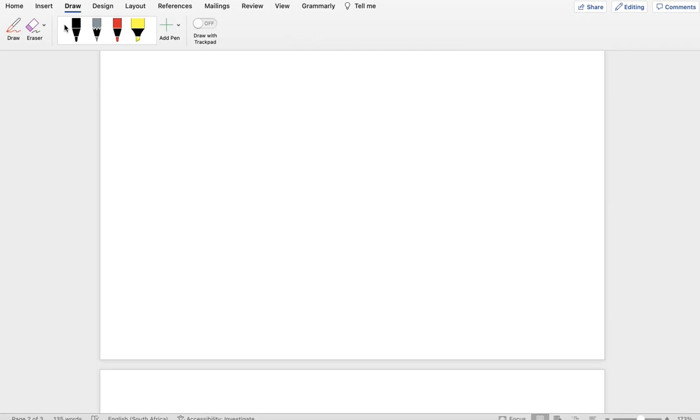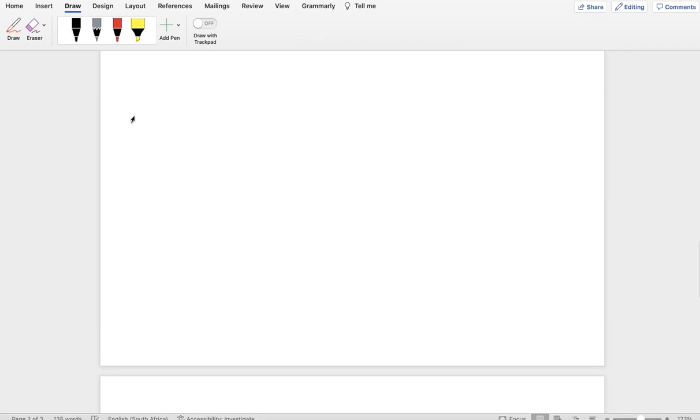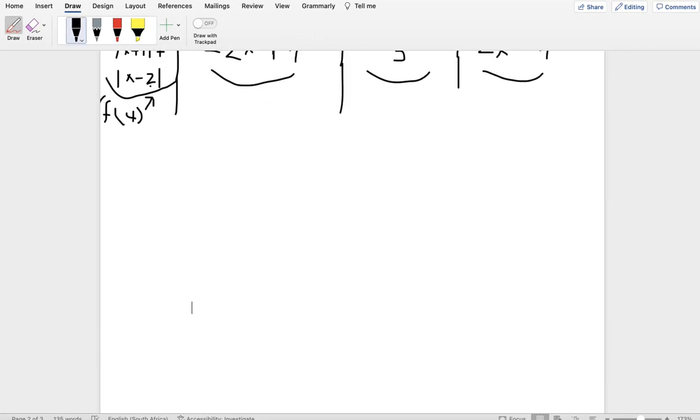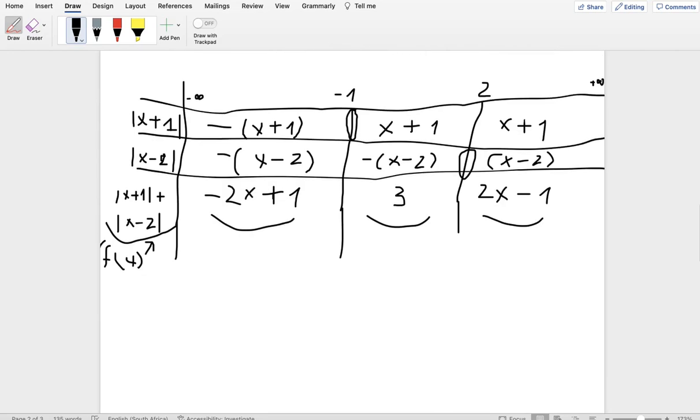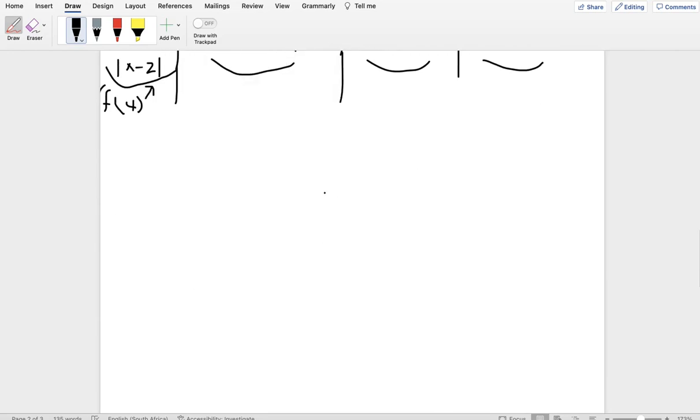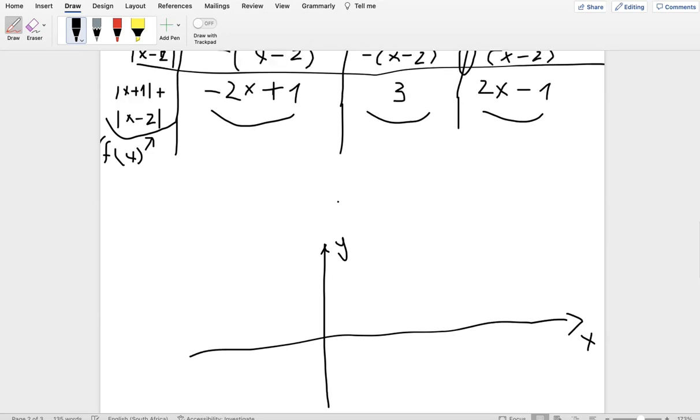Right, so let's plot this. We have our y-axis there, and let's say our x-axis there. Again, this is rough, so it's not to scale, but it's just so you can understand.